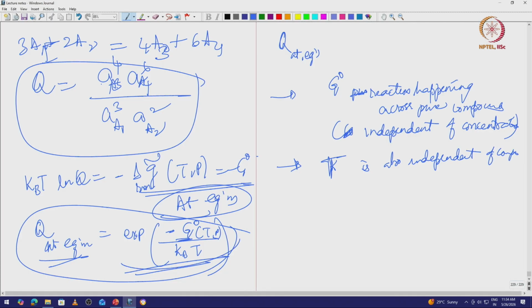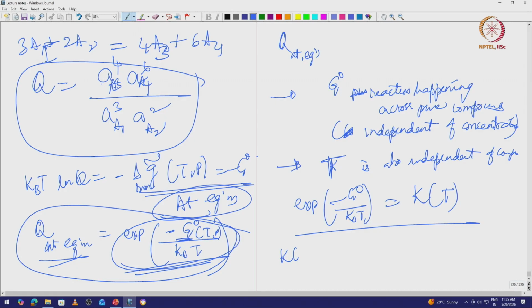Right. So this number, where Q at equilibrium is exponential of minus G naught by kBT, is what I am going to call K, which is a function of T, and K is what is called the equilibrium constant.